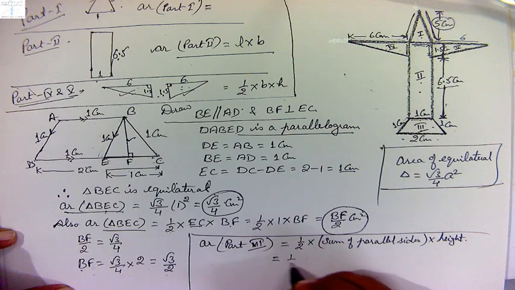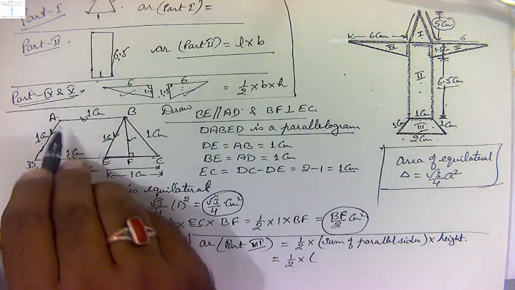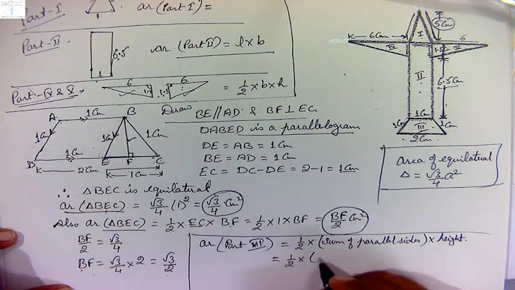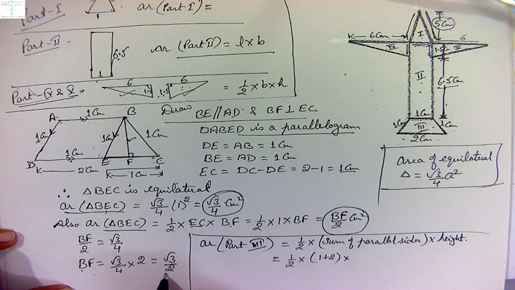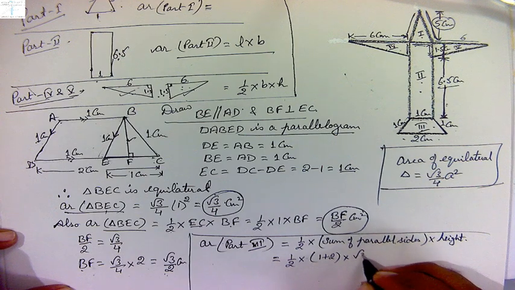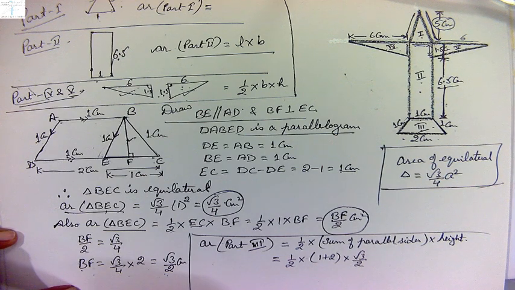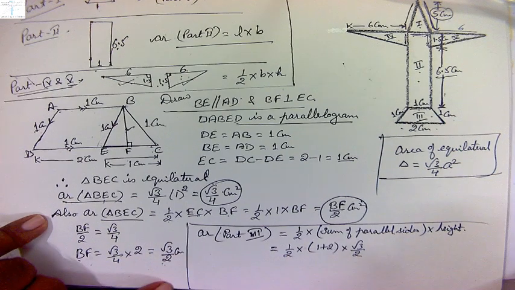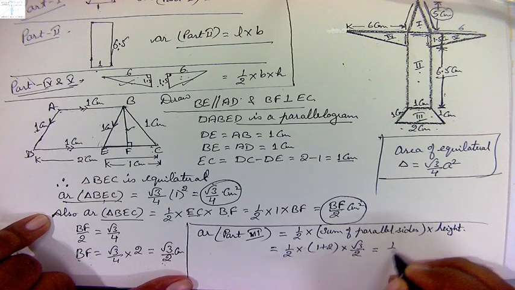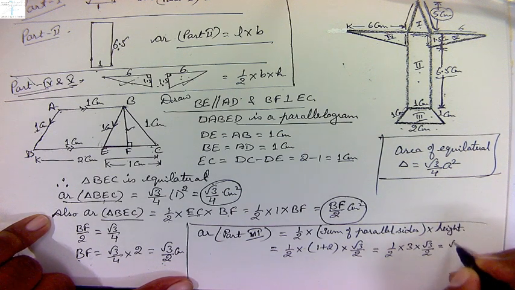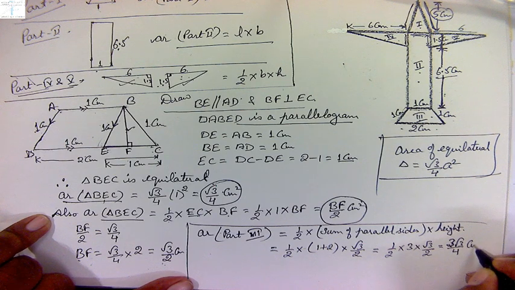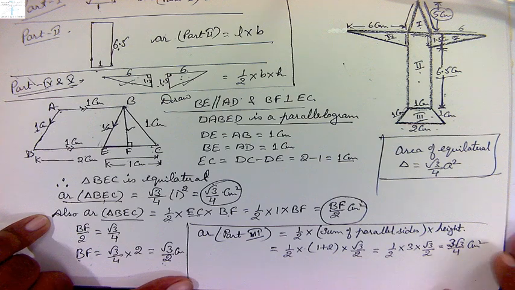So what are the parallel sides? AB and DC. So it is 1 plus 2, and multiply height, it is under root 3 upon 2. So here now you can calculate it. This is half multiply 3 multiply under root 3 upon 2, which is 3 under root 3 upon 4 centimeter squared.